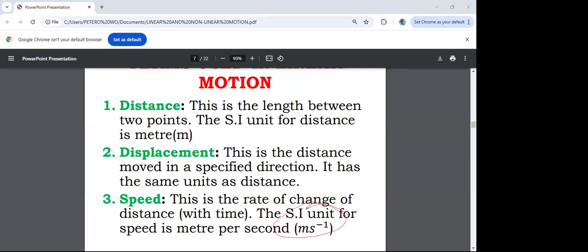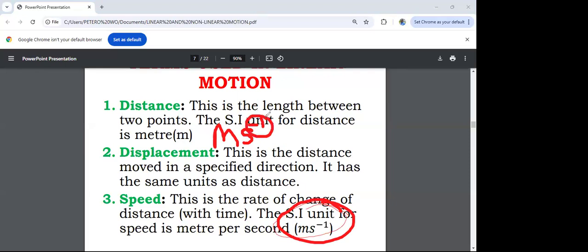We all see that thing I'm circling, this one here. We write the meters, we write the seconds, which is a small s, and we write a -1, which means per.